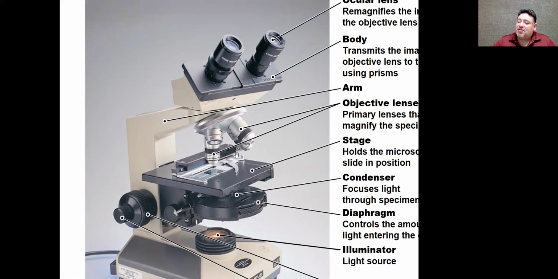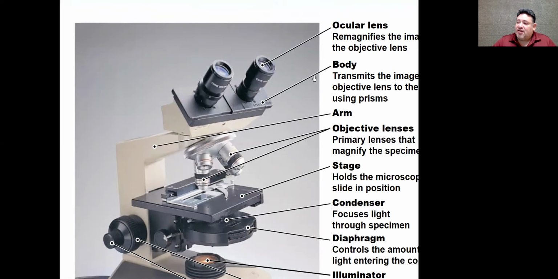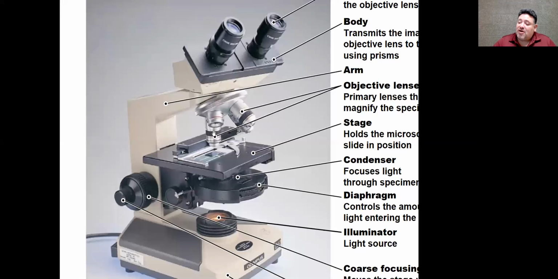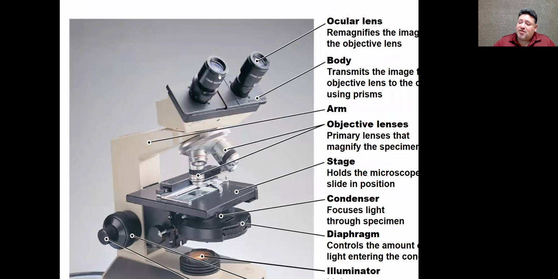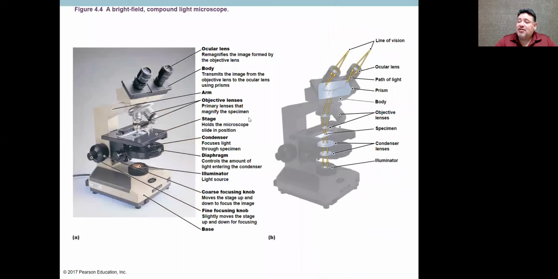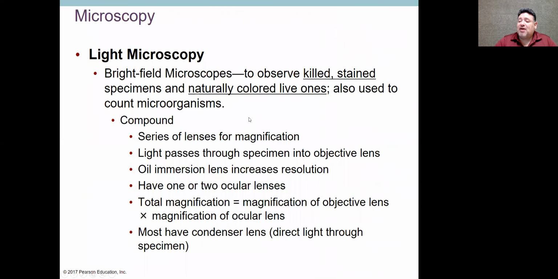So the objectives are those lenses that are close to the object, and the oculars are the lenses that are close to the eye. Again, in microbiology, we usually use a 100x objective, and the oculars are usually 10x, and the total magnification is 100 times 10, which is 1,000x. So that's 1,000 times magnification.